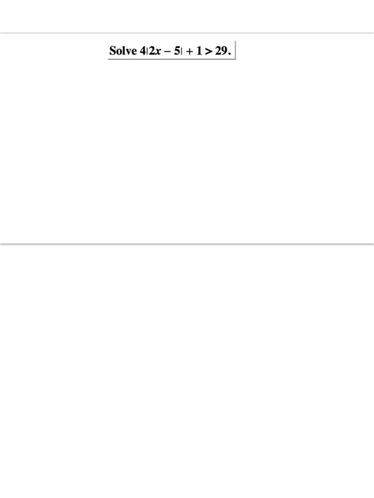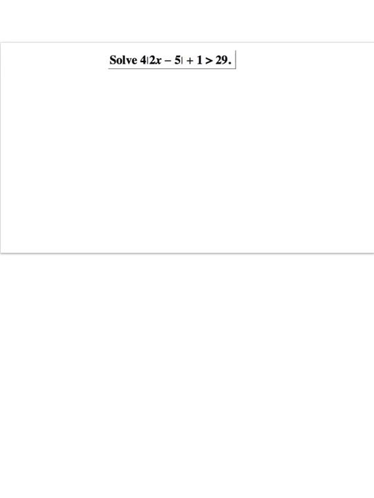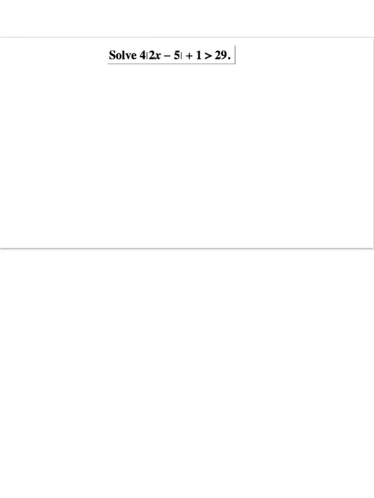Alright, so let's try this last problem. We have 4 times the absolute value of 2x minus 5 plus 1 is greater than 29. So remember, if you go back to the beginning of the notes, the first thing that I said is that we first have to isolate the absolute value. So in order to do that, I see that we have a 4 on the outside and a plus 1.